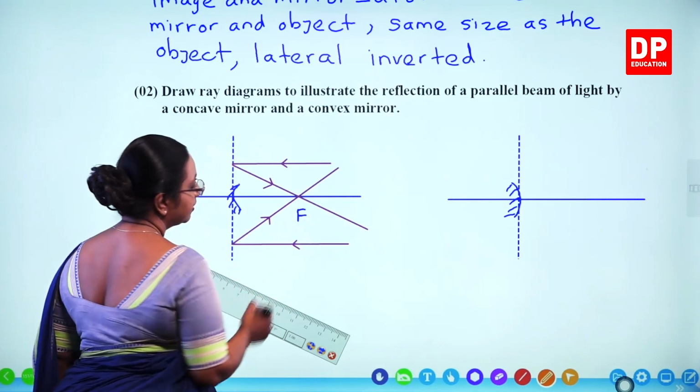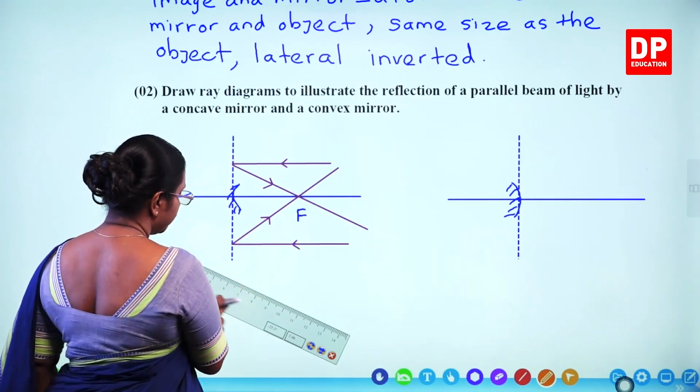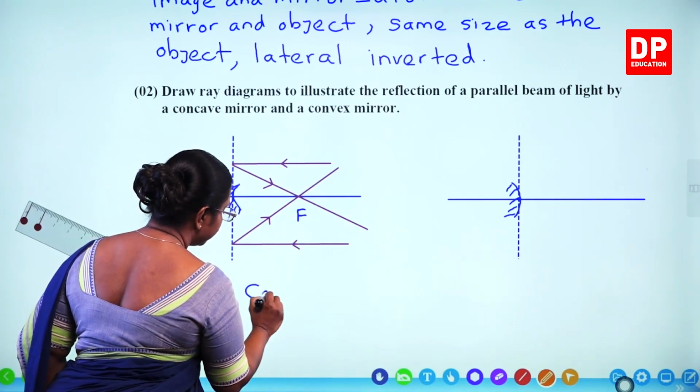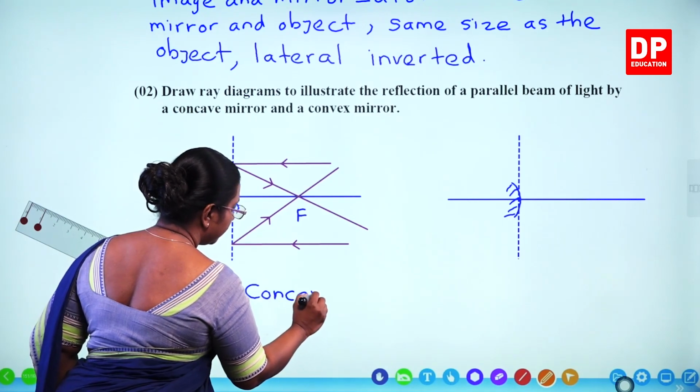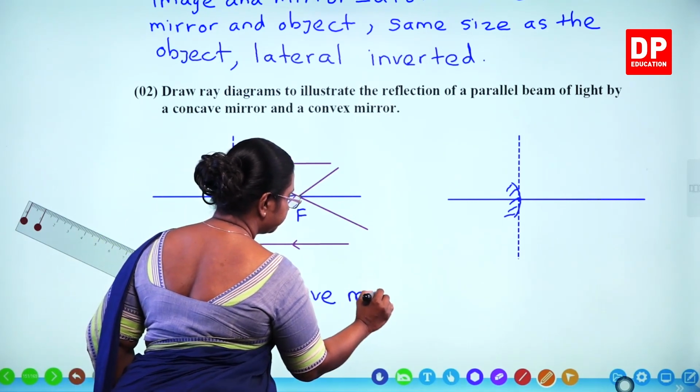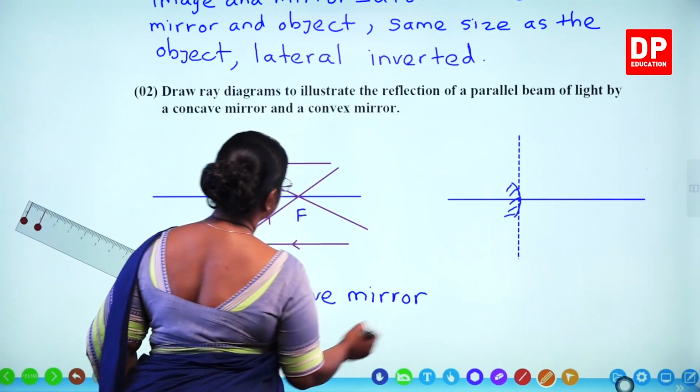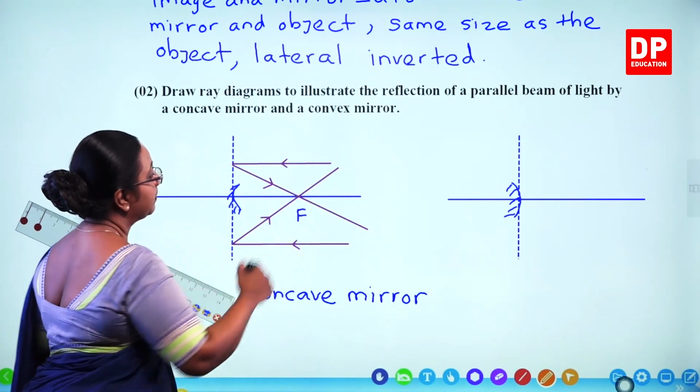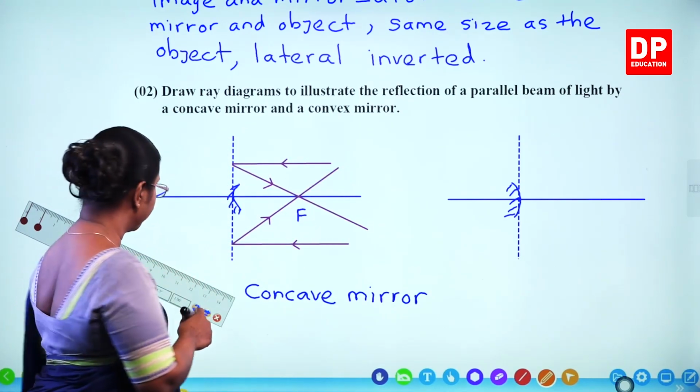That will be the focal point. So what happens here? This is the concave mirror. Rays coming parallel converge through one point.